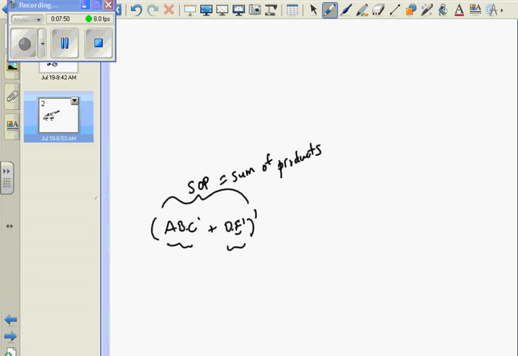Now, if we use De Morgan's law, we're going to come up with a different form. Now, how you apply De Morgan's law is everything that was not negated becomes negated, and every AND becomes an OR. So here we're going to get A naught or B naught or C. So all of these ANDs here became the ORs, and the A that wasn't negated became negated, the B that wasn't negated became negated, and the C that was negated is no longer negated.